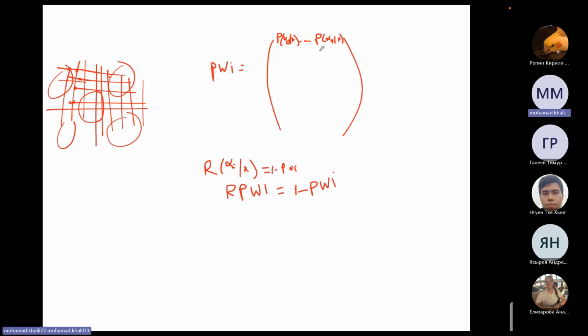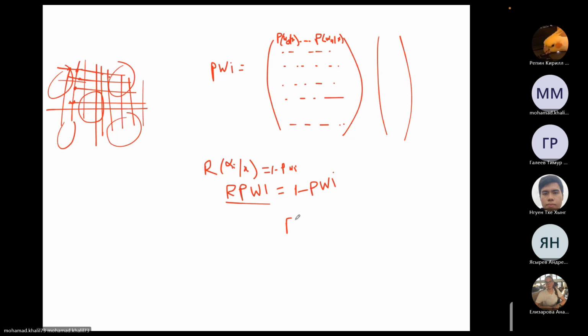I calculate 1 minus this, 1 minus this, 1 minus this. Then I want to calculate the minimum of all of these. For every point in the grid, you have 5 values. So I calculate the minimum of all the values, the minimum of 1 minus P omega i.